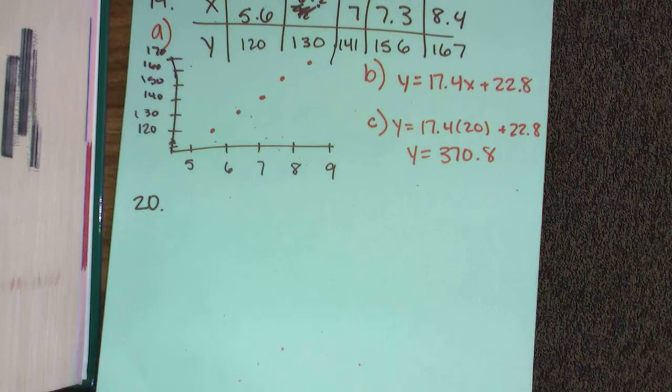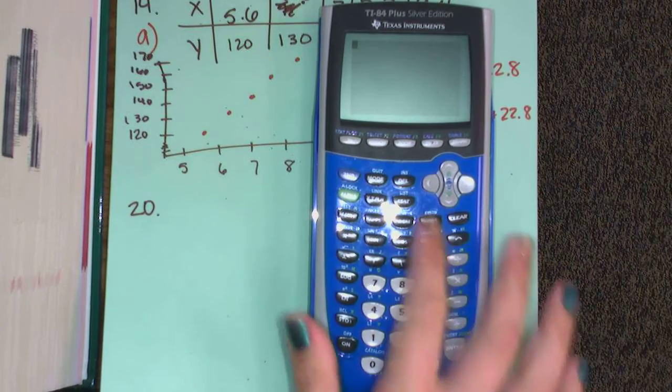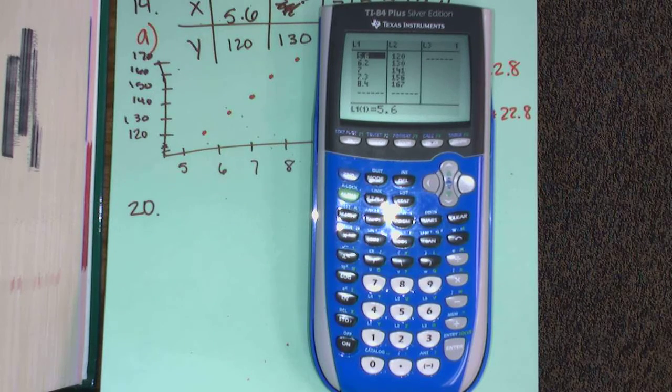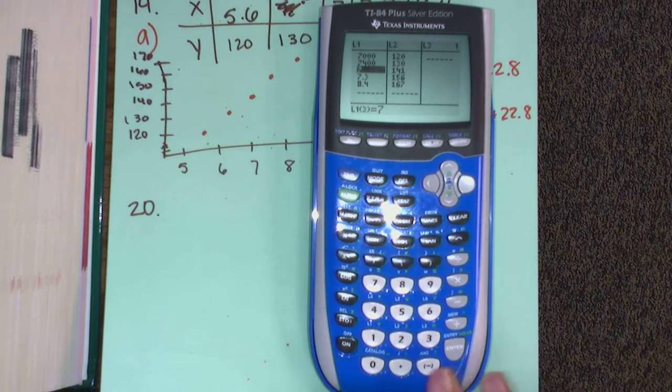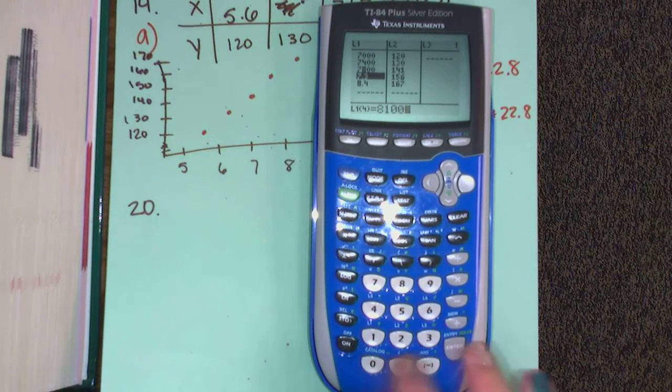Alright, so number 20 has a big table, so I want you to go to your calculator, go to Stat Edit, and start typing the numbers in from number 20. $118.